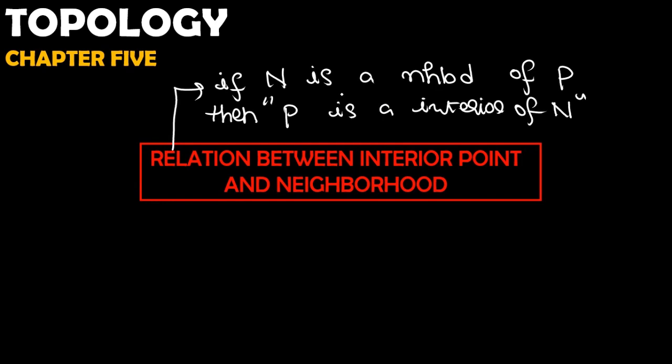So if we find a neighborhood of a point, then I can indirectly find the interior point. What do I mean by this? I have an example for you.